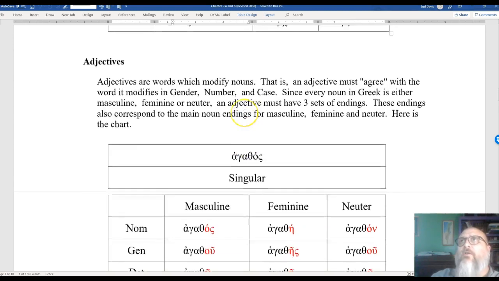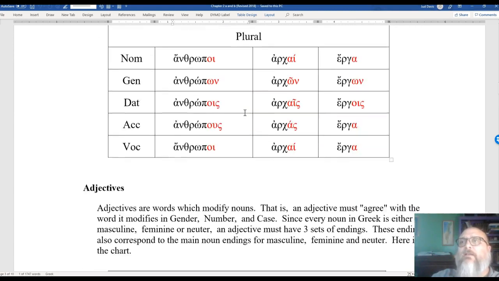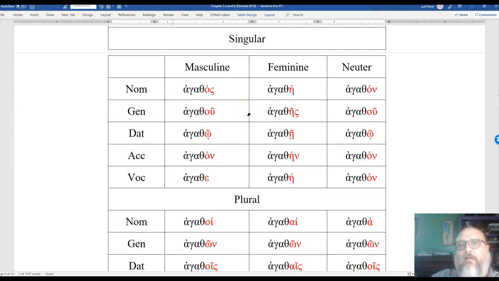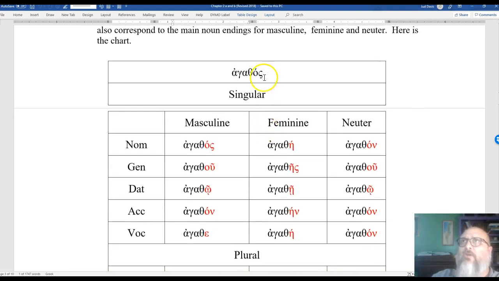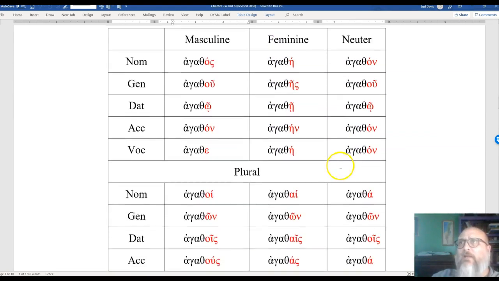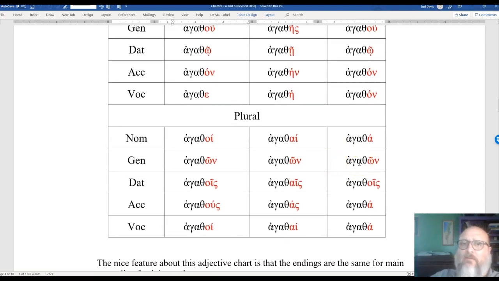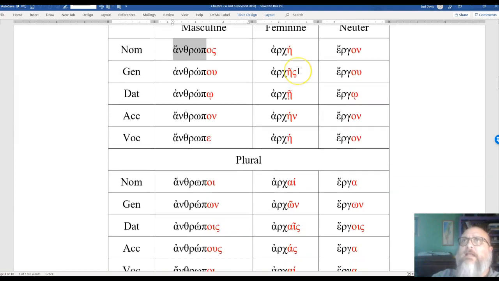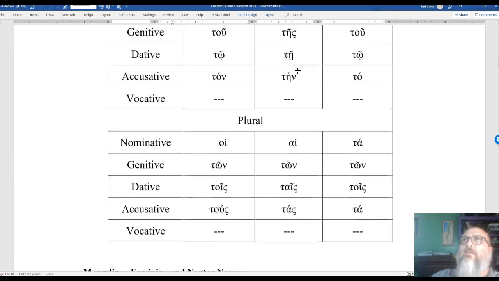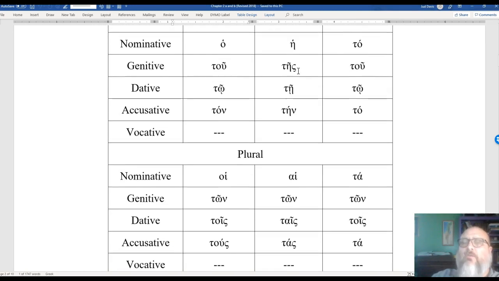Just taking these endings and putting them on an adjective, good. So if I ask you to write out the paradigm for the word good, you can write it out if you know these noun endings. So you can see that these three charts are all related.